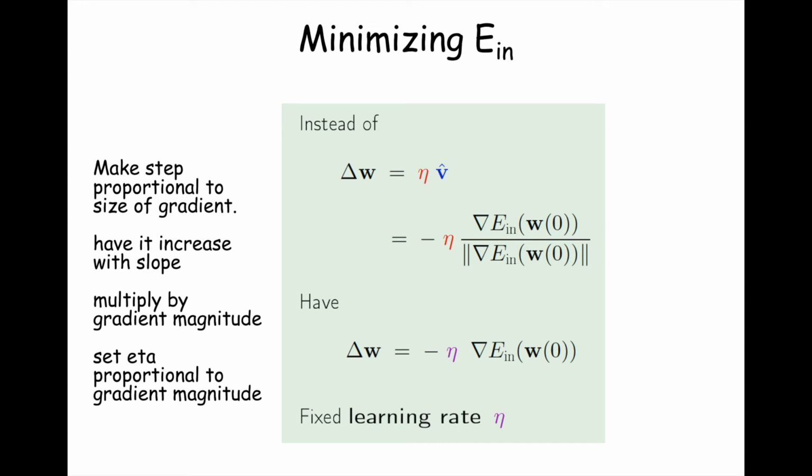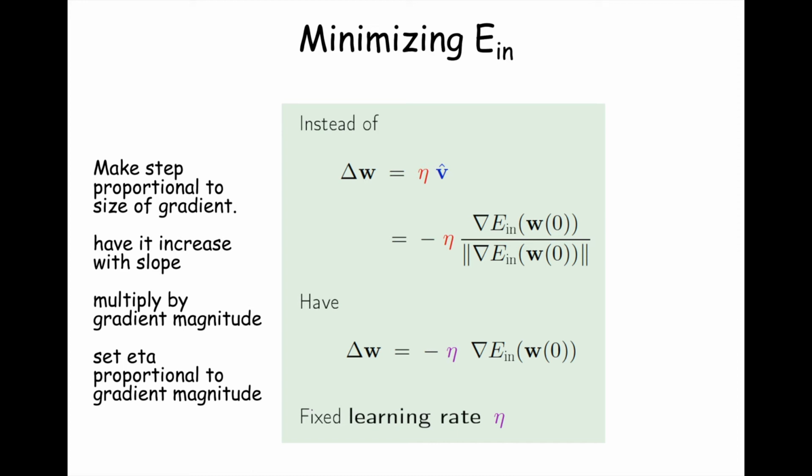V hat, we said, is the gradient of in-sample error at W naught divided by the magnitude of the gradient at W naught, right? That's the direction of steepest descent, V hat. And we're taking a step of size eta in that direction. So we have minus eta, gradient of En of W naught, over magnitude of the gradient of En at W naught. And that's going to be our change in W. That's what we're going to add to our initial W, okay, in our recurrence relation.